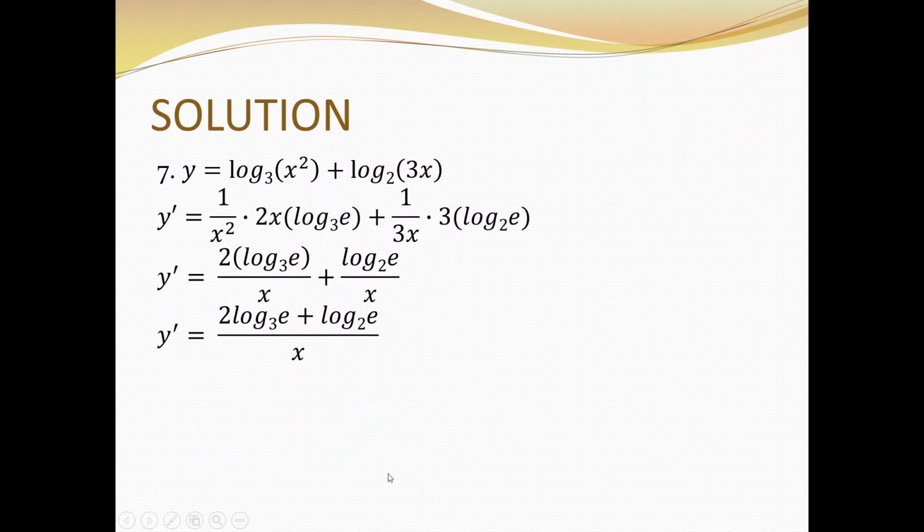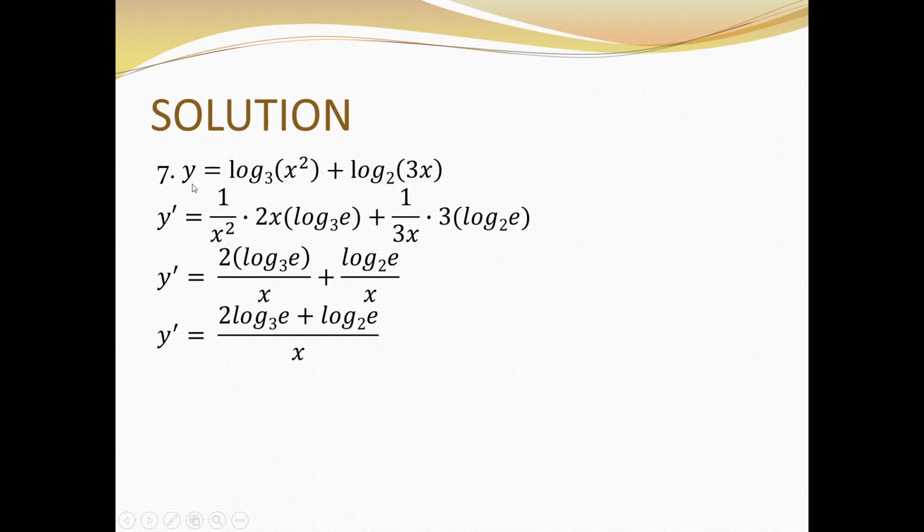And for our last example, which is y equals log of x squared to the base 3 plus log of 3x to the base 2. So this time, they don't have the same base, so we cannot express it as a product. What I mean by this is we have to differentiate each term with respect to x.